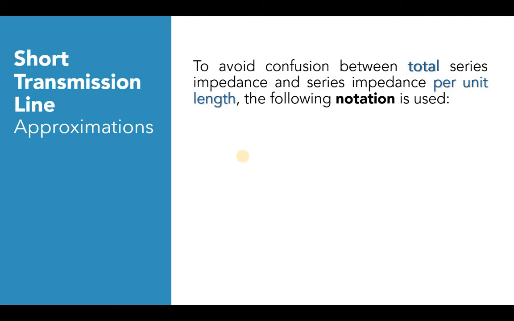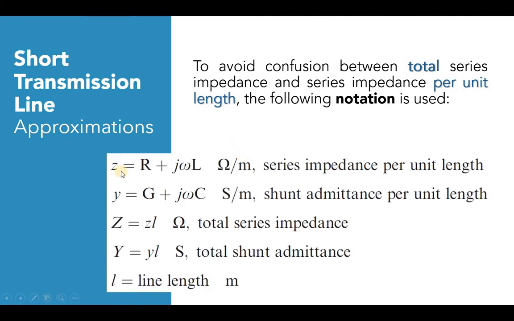When we take the inductance, inductive reactance rather, it will always be per unit length, no? Like ohm per meter. Okay? So in this case, these are not the notations that we will follow.